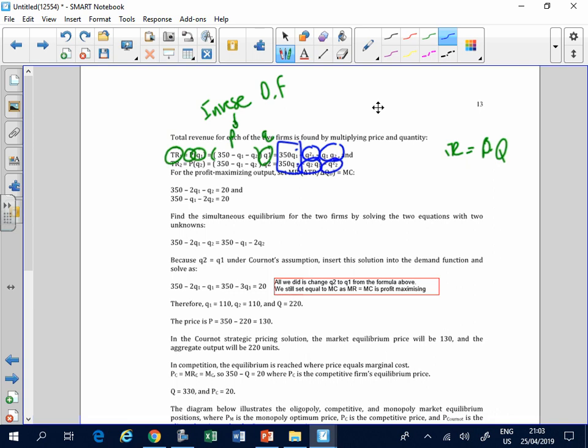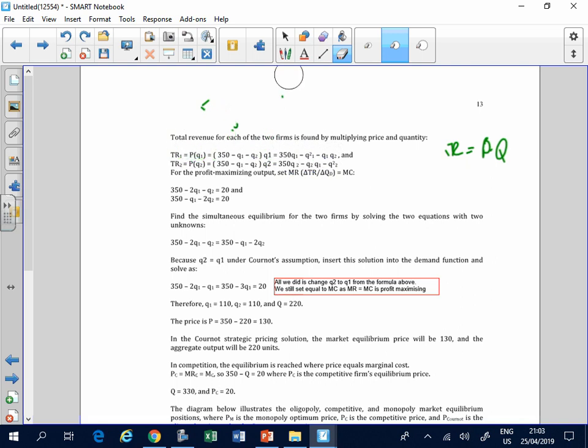You just multiply it out and you get, why do you get the squared? Well, whichever firm you're looking at, we're looking at Q1. So Q1 times Q1 equals Q1 squared. Q2 times Q2 equals Q2 squared. Bob's your uncle, you get the story.